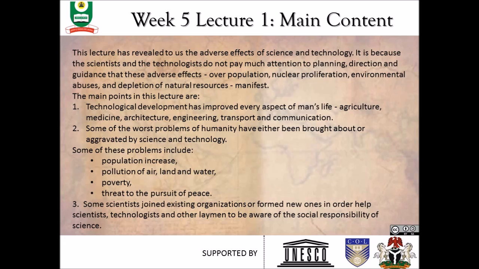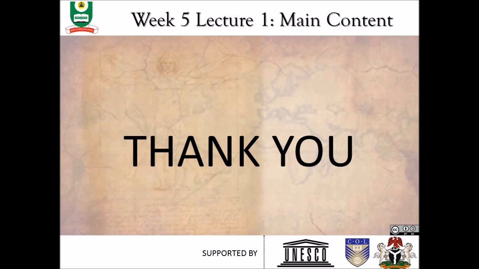Some of these problems include population increase, pollution of air, land and water, poverty, and threats to the pursuit of peace. 3. Some scientists joined existing organizations or formed new ones in order to help scientists, technologists, and other laymen to be aware of the social responsibility of science.